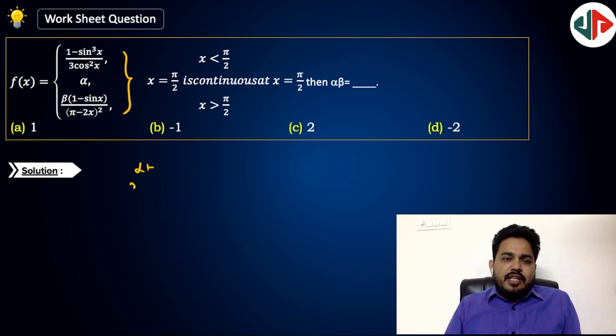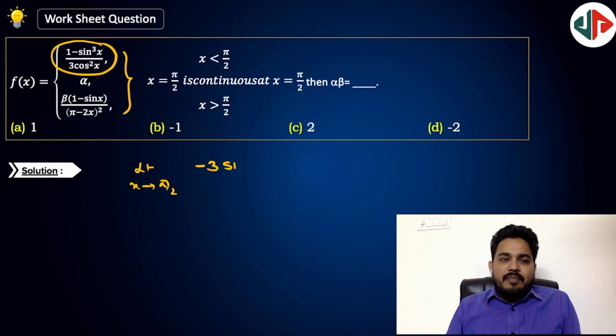Limit as x tends to pi by 2, 1 minus, I am taking this value. Actually, you can write 1 minus cos x into 1 minus sin x, everything you can write. Or let me use L'Hospital.